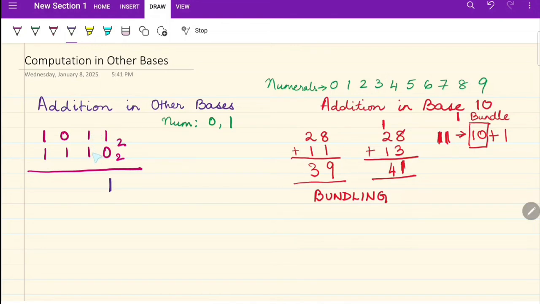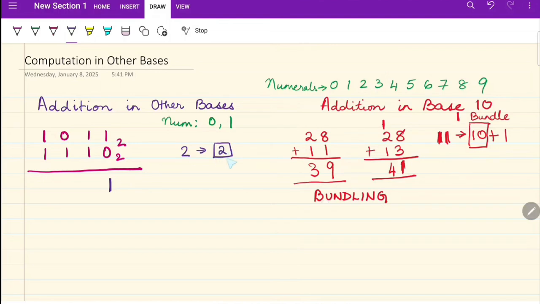1 plus 1 is a 2. Now we cannot write a 2 here like we do in the decimal system, because 2 is not a numeral in base 2 system, in the binary system. So what we do is, I'm going to erase this 2, and on the side, I'm going to write this 2 as a bundle of 2 because I have to carry it over.